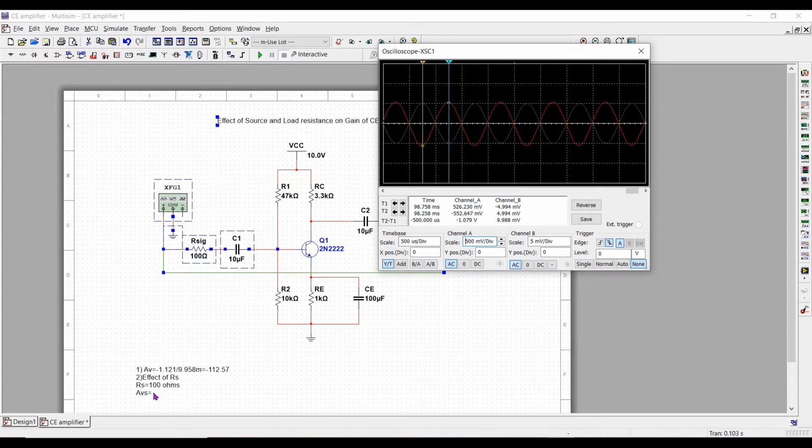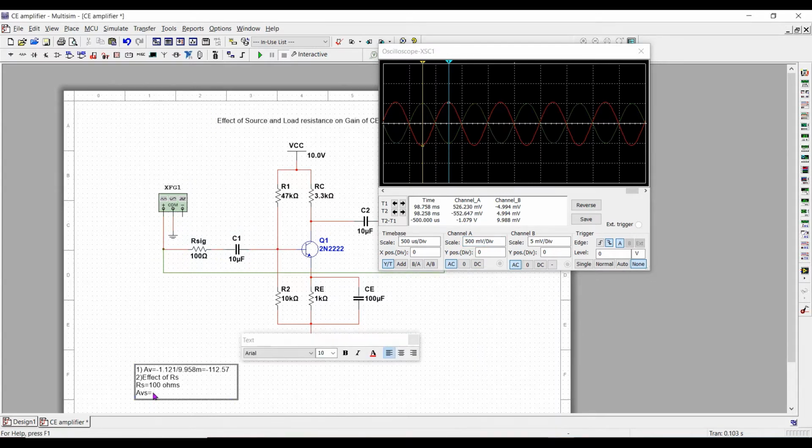So AVS over here, output is minus 1.079 divided by, at channel B, 9.988 milli. So input is 9.988 milli.